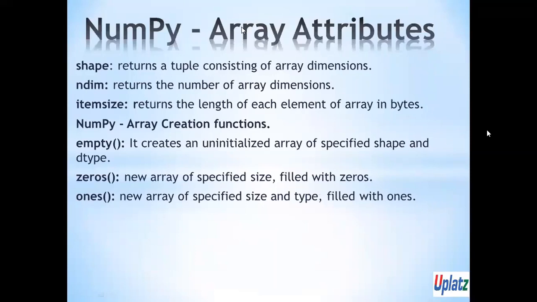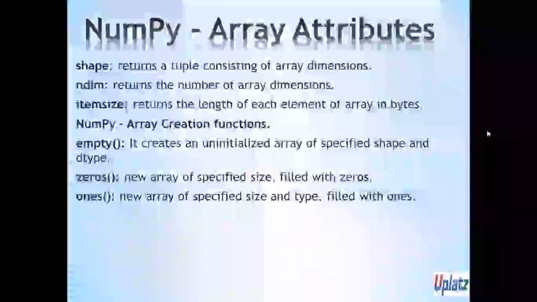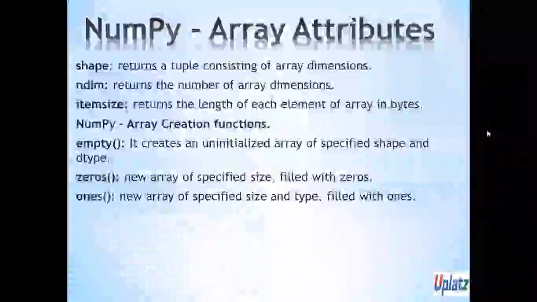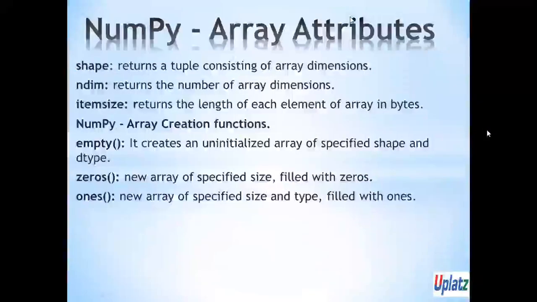Then these are the array attributes. When we see the item size, what are the different types of item size we can have? We can have a boolean, as true or false. We can have an integer, int c, int p.